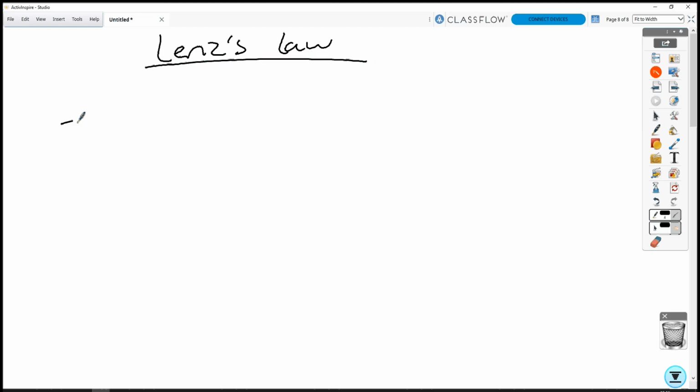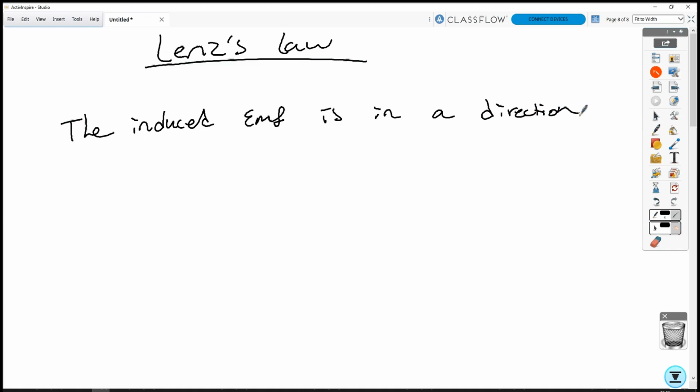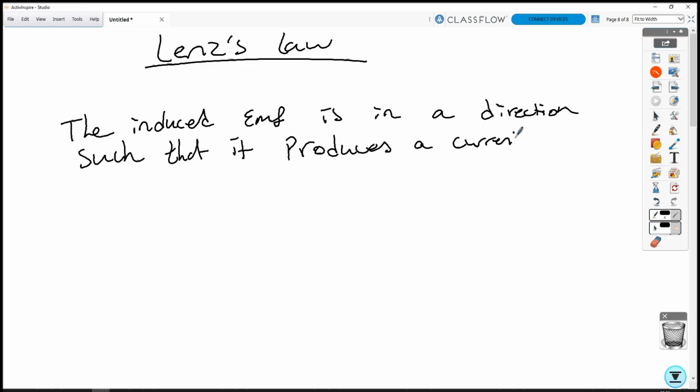So Lenz's law says that the induced EMF is in a direction such that it produces a current that induces a magnetic field which opposes the change that induced it.